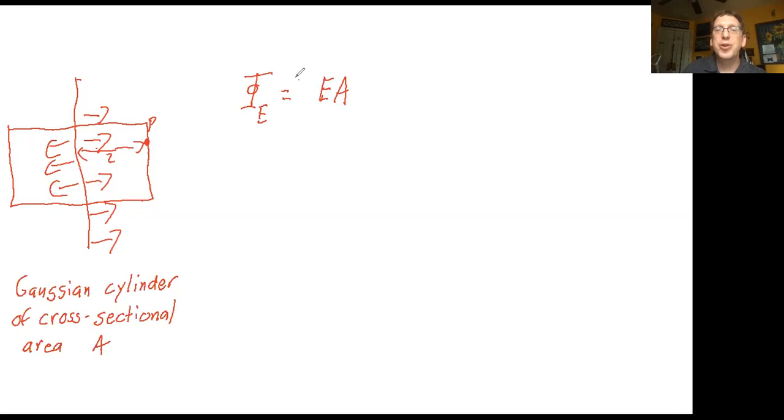So the total area is 2 times the cross-sectional area, because you need to count the area of both sides, times E. And that's equal to the enclosed charge, which is sigma, the charge per unit area, multiplied by that cross-sectional area and divided by epsilon naught.